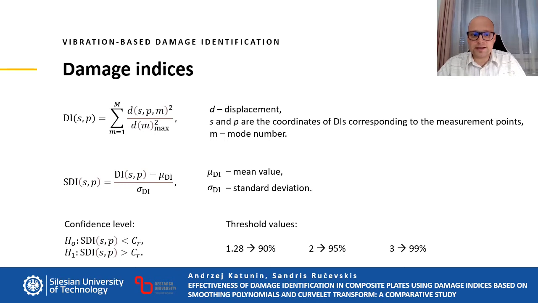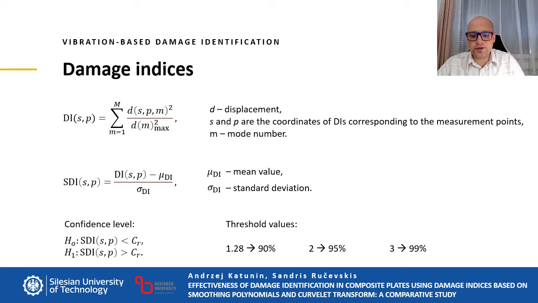So assuming that the index is normally distributed, the probability density function may be used to classify elements by employing a one-tailed hypothesis test. And you can see these two relationships for defining this hypothesis. CR is the predefined probability threshold.